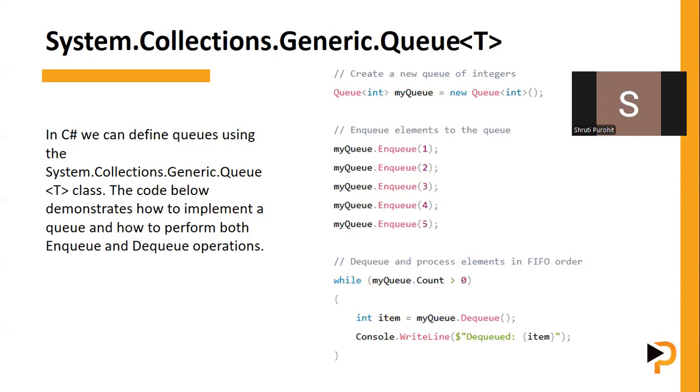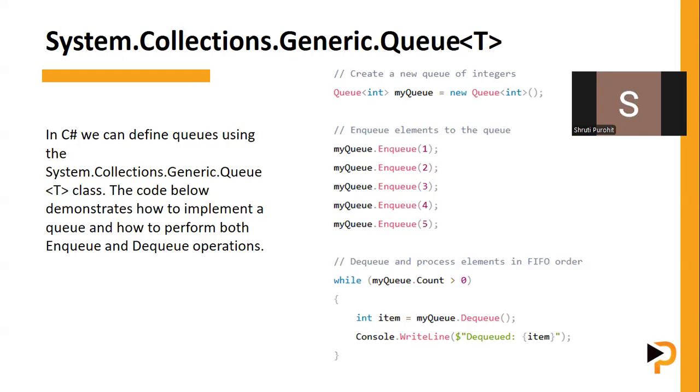In this way we implement the queue data structure in ASP.NET with the help of the generic Queue class. There is an Enqueue method for adding data to the queue, and a Dequeue method for fetching data. In the code shown here, we create a queue of type integer called myQueue to store integers, and then use the Enqueue method to add elements to the end of the queue.